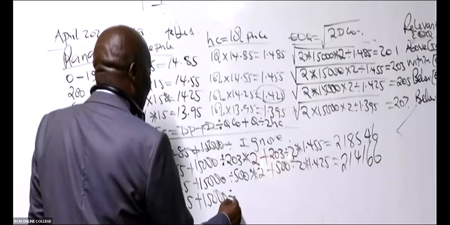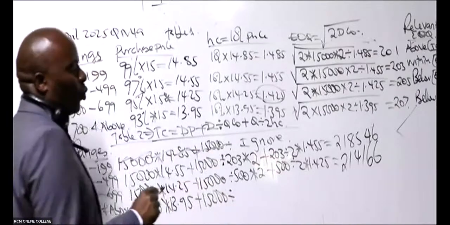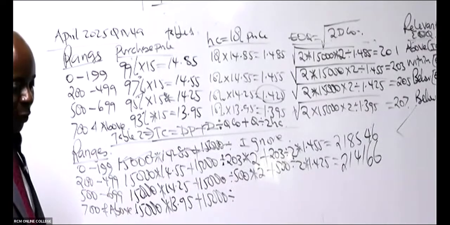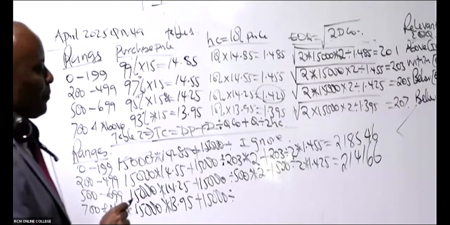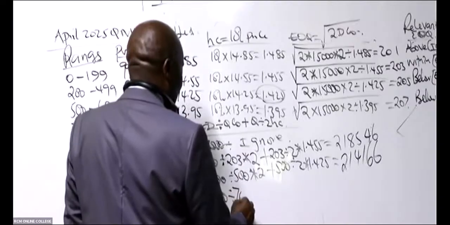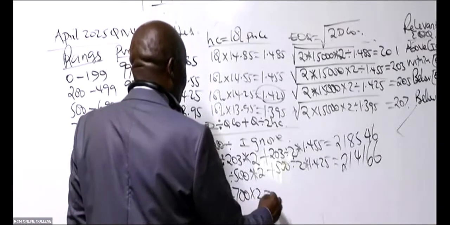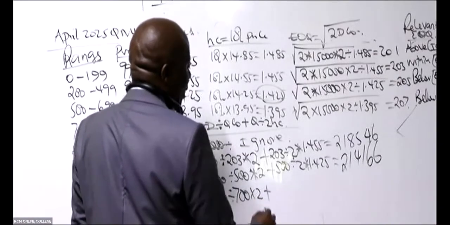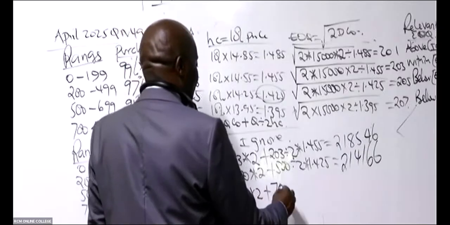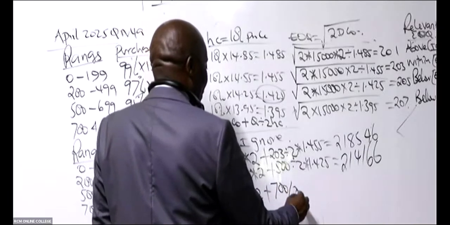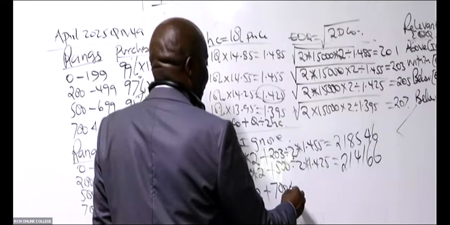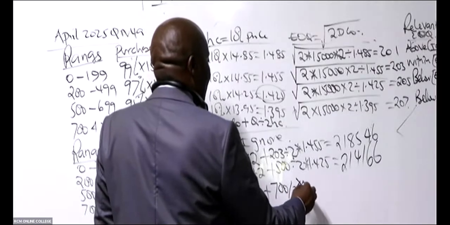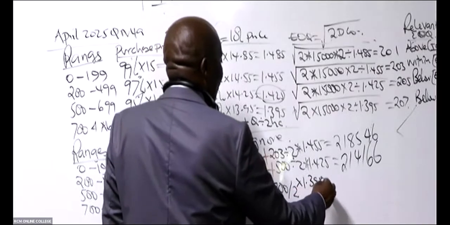We divide this by EOQ for the fourth one. What is the EOQ for the fourth one? 700. 700 times the cost per order, which is 2, plus quantity over 2, so 700 divided by 2, times, in this case, 1.395.